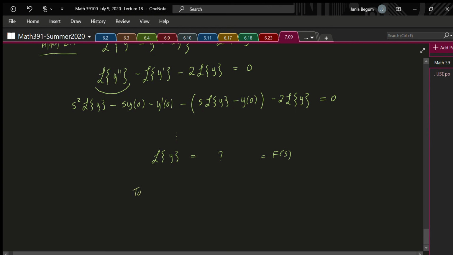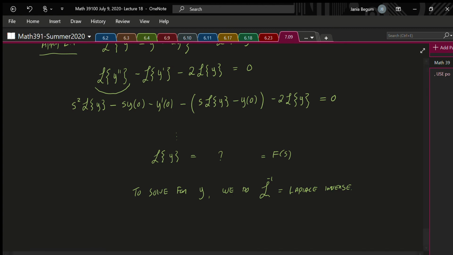Now, to solve for y, we do Laplace inverse. Okay. So if you do Laplace inverse, then you're able to go back to the function of t.